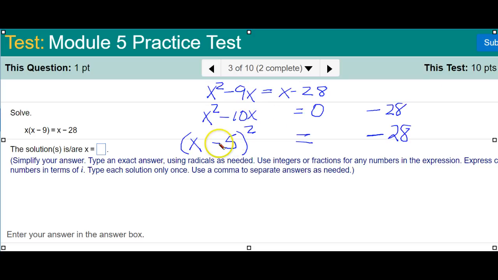So that when we square this, this becomes a positive 25. And to keep this balanced, we needed a positive 25 on this side now. So when we do this, this side now becomes a negative 3.